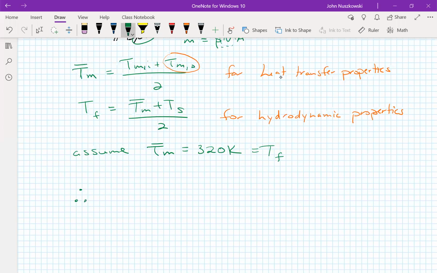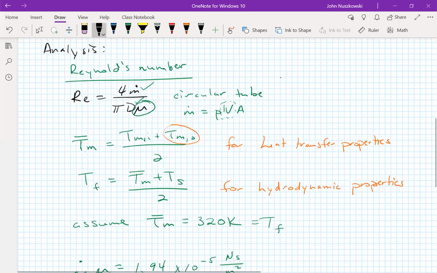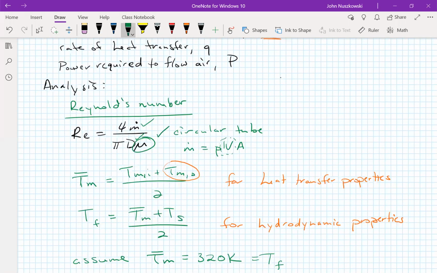All right, so with all that, we can get our dynamic viscosity. We have 1.94 times 10 to the negative fifth Newton seconds per meter squared. Now we go back up here. We have our dynamic viscosity.